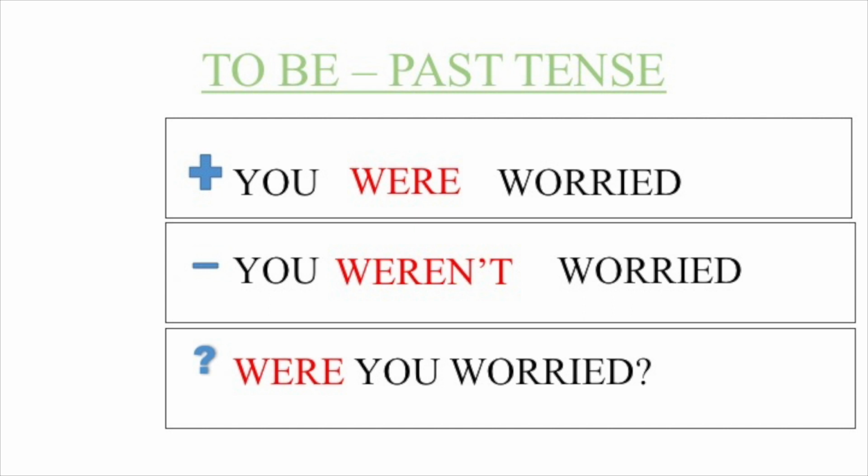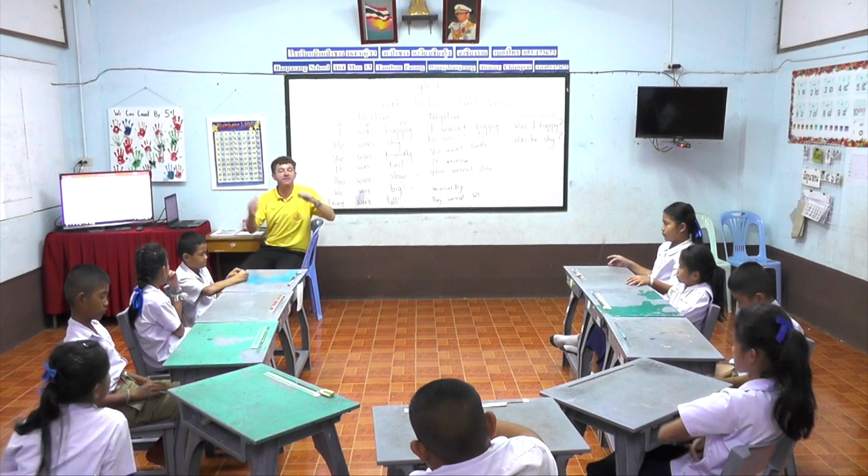Were you worried? You see, we just swapped the first and second words of the positive statement. Were you worried? And then question mark at the end. Any questions? No. Okay, guys, that was excellent.